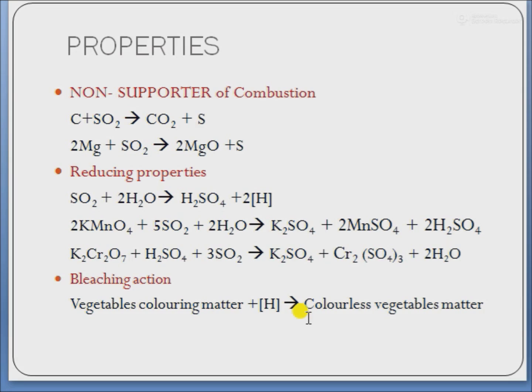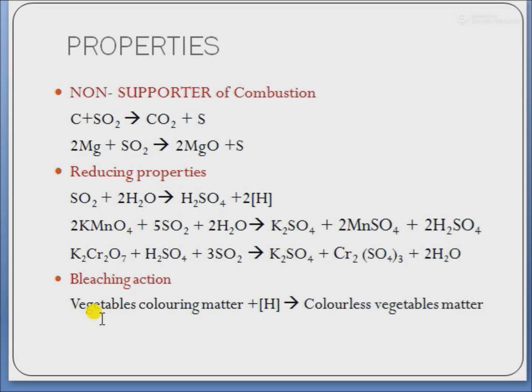Next is the bleaching action. SO2 is a mild bleaching agent. Its bleaching action is due to the reduction of the vegetable coloring matter by the nascent hydrogen liberated in the presence of moisture. SO2 plus water gives H2SO4 plus nascent hydrogen.